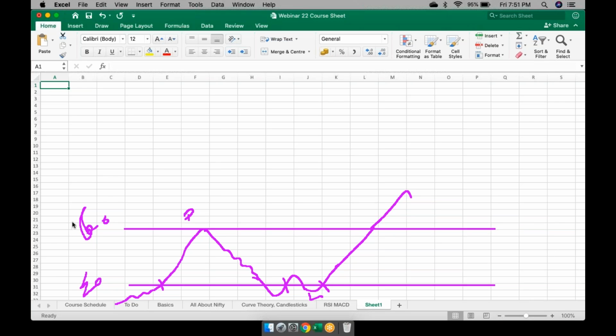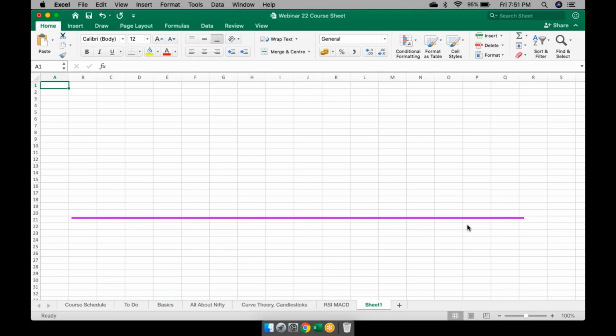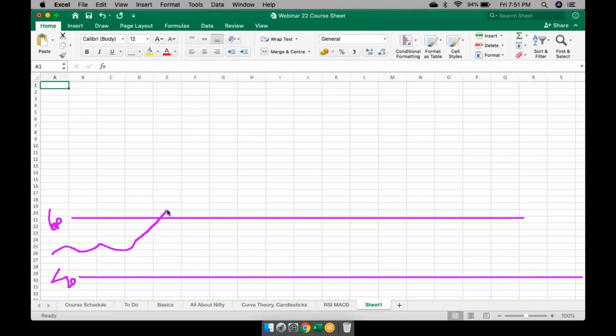Clear? Next, trading with RSI 60. From the sideways market, when RSI crosses 60 at this level, you make an entry, and if it is not going as per your expectation, you book your loss here. Coming down, at the same place you can also go for short selling, but you have to see the trend.